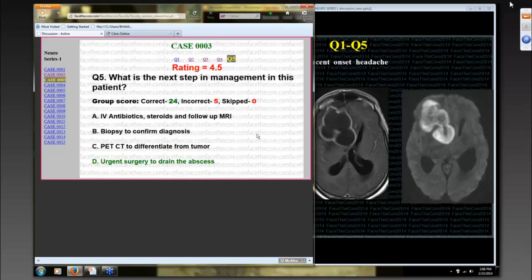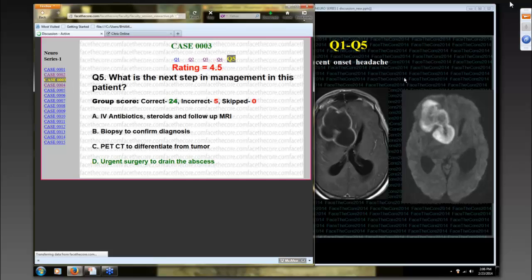You can't wait to do any other imaging studies, and a biopsy is of course out of the question. PET-CT also is more time consuming, and that's not really indicated. The most appropriate step in the management is to do an emergent drainage of the abscess together with intravenous antibiotics.